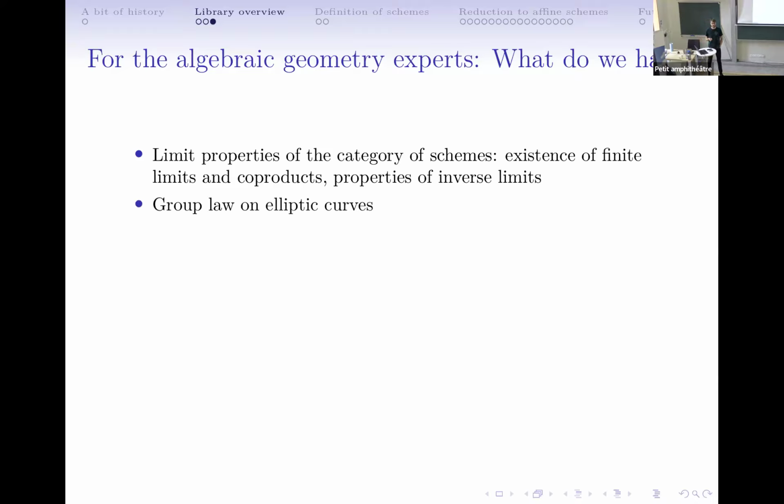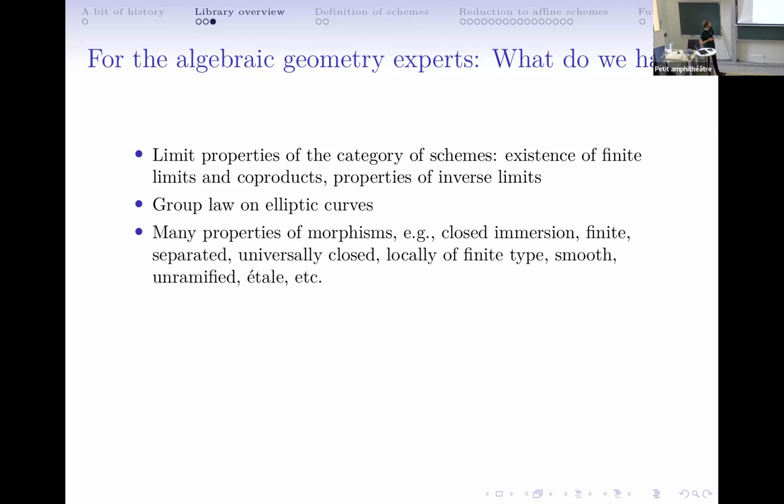We have the group law on elliptic curves, which is really a nice result because associativity of the addition on elliptic curves is quite hard to show. Then we have essentially all the standard properties of morphisms that we could find in a standard textbook. We have the valuative criteria, which is a nice achievement also in 2024.